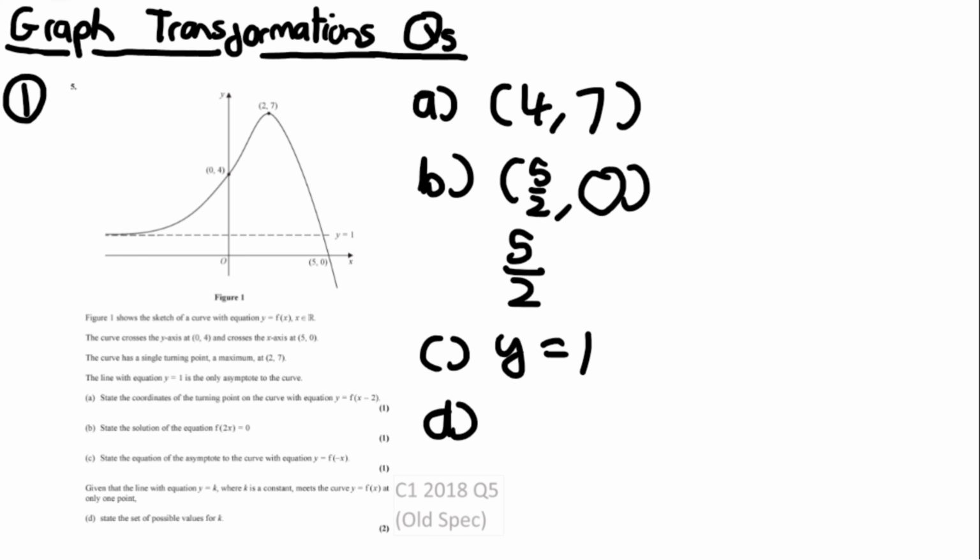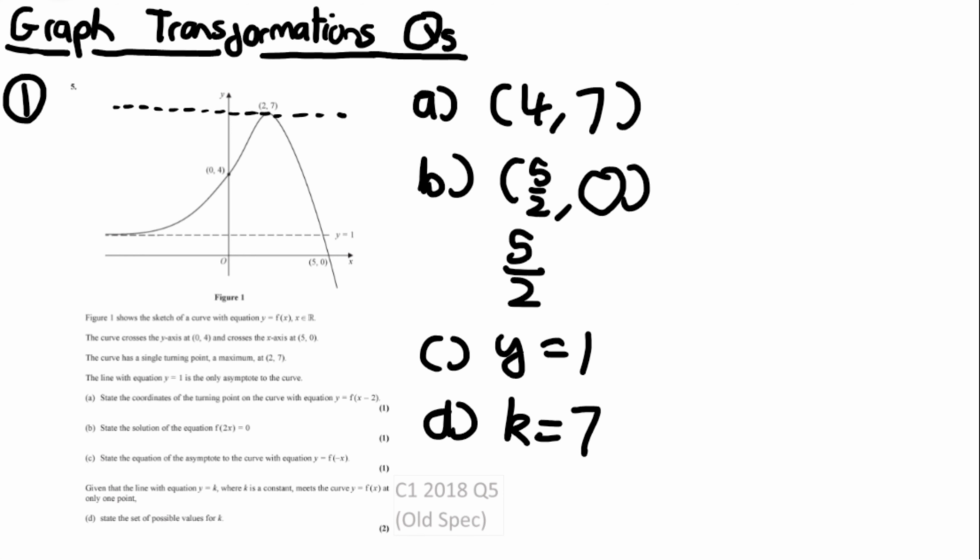Now there are two possibilities for when this can happen. The first one is at the turning point up here. If you consider the turning point up here, it will only meet it once because it's a turning point, so there's only one value. So therefore you can say that one of the possible times is when k is equal to 7, because it's y is equal to k, and it's a horizontal line.